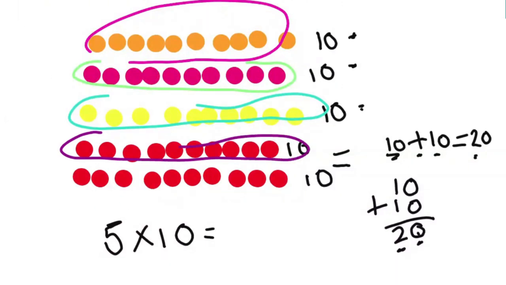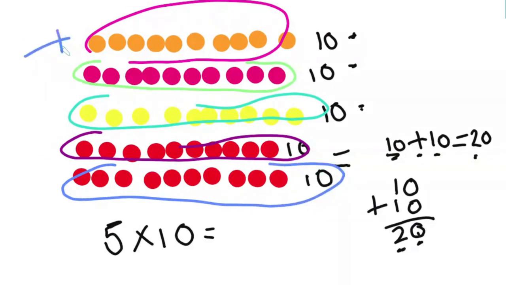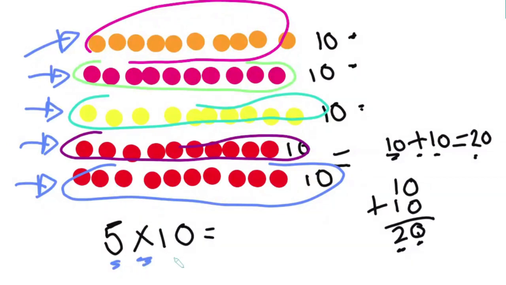And the last one is, yep, you're correct, 50. Fantastic. Because we've got 10 here, 10 here, 10 here, 10 here, and 10 here. So we've got 5 groups of 10, which makes 50.